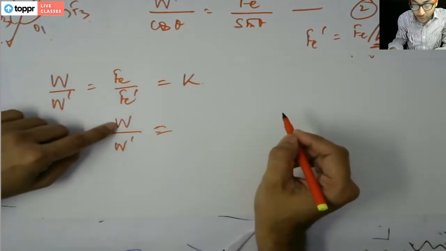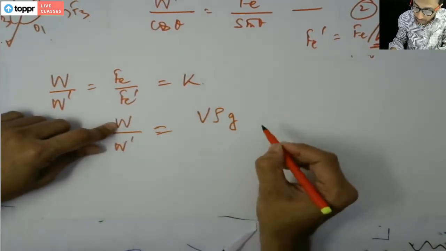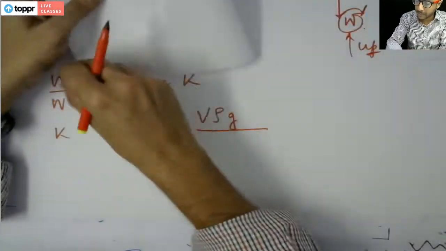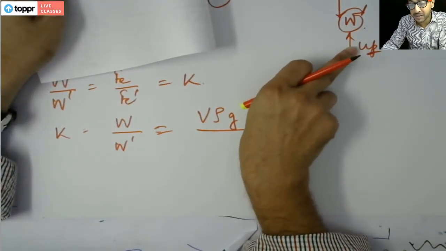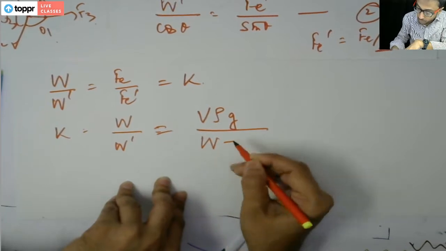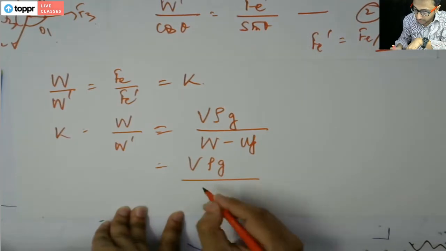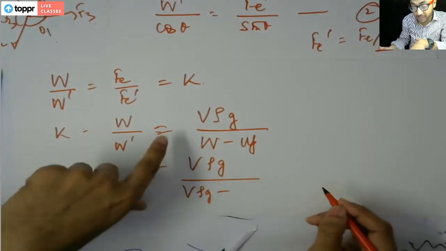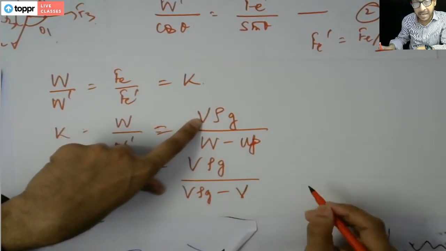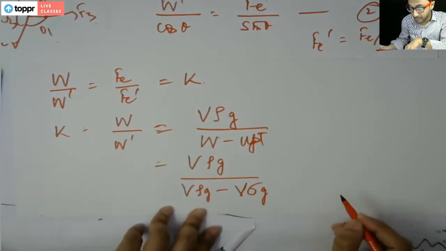And so K will become W by W dash. W is the weight of the ball, which is the volume of the ball into density of the ball into gravity. And W dash is the apparent weight, the actual weight minus the upthrust. W is V sigma g, and the upthrust, since the whole body is immersed, is V into the density of the liquid, rho, into g.